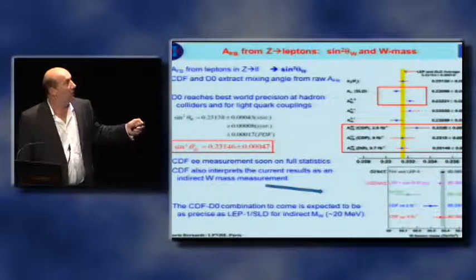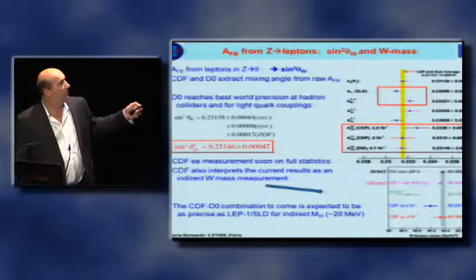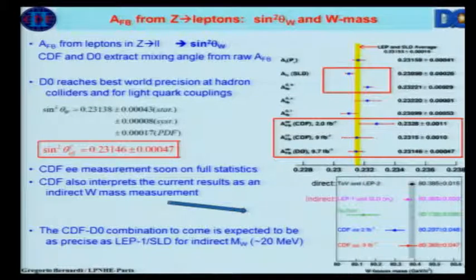With the current measurement, we are able to reach the best world precision at these hadron colliders, and now our precision goes down to 47 times 10 to the minus 5, actually. And so if you compare this measurement, this is the point here, you see that indeed we lie in between the two discrepant measurements, and the LEP SLD average is a pretty good prediction for us.